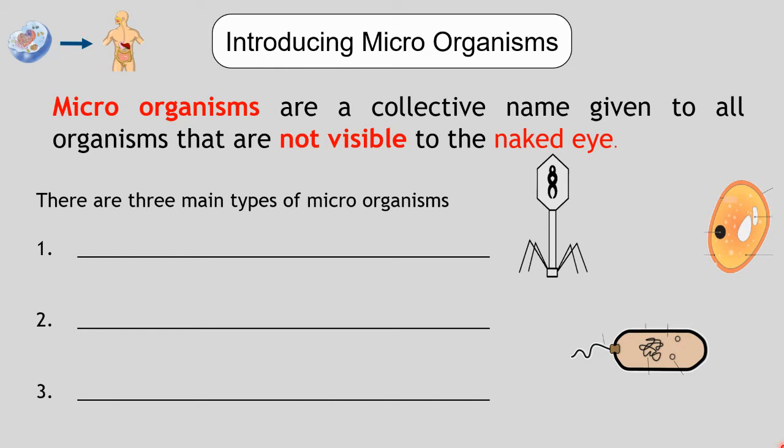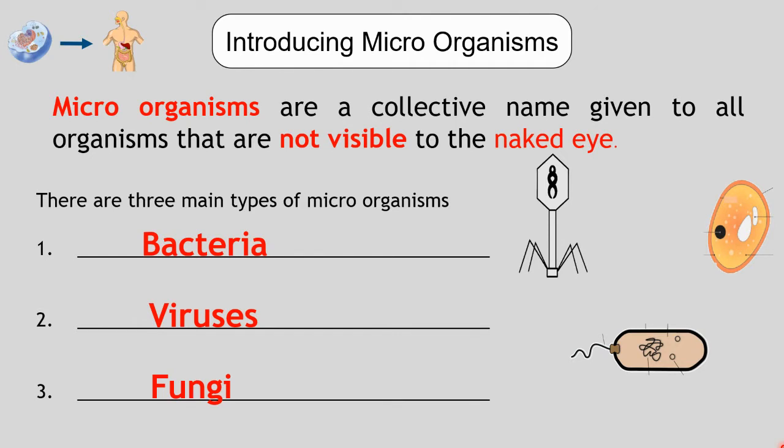Now, there are three main types of microorganisms, and you will have heard of some, if not all of these. Number one, we've got bacteria. Number two, we've got viruses. And number three, we've got fungi. Next to those words, you can see we've got three little diagrams.